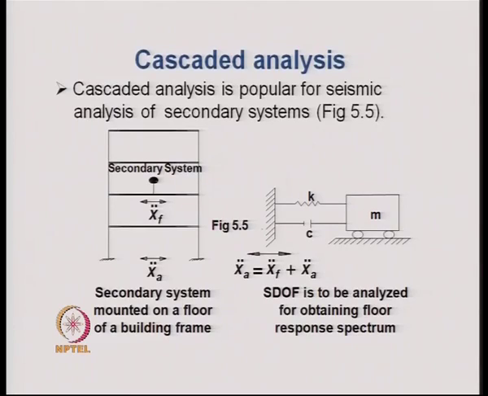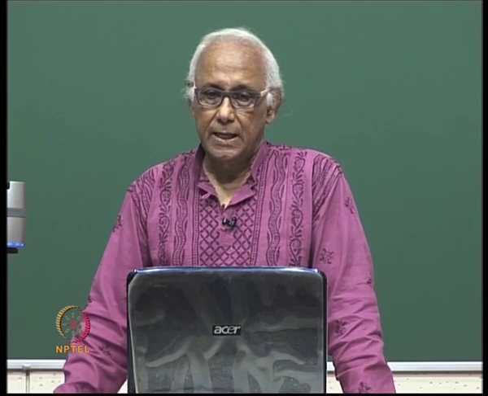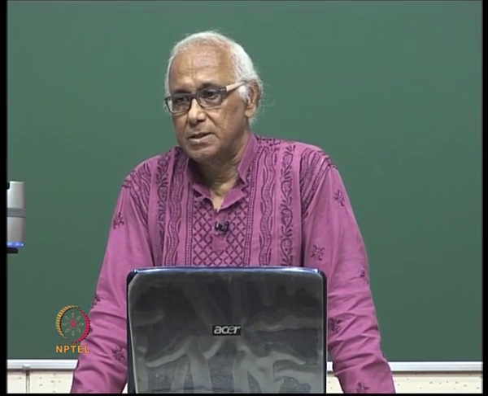So, in order to avoid this non-classical damping, one way is to isolate the two systems, that is the secondary system and the primary system, and analyze them separately. The output of the primary system becomes the input for the secondary system.